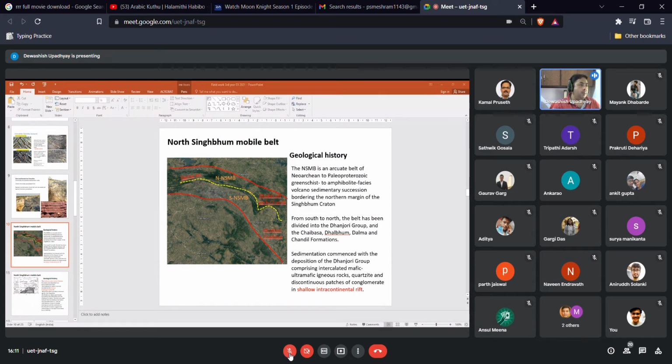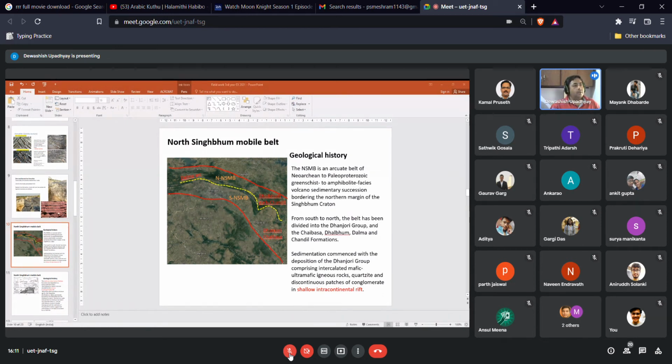These are orogenic belts formed in a compressive tectonic regime, when you have either an island arc or a continental arc accreting with a continent, or when you have two continents colliding with each other.